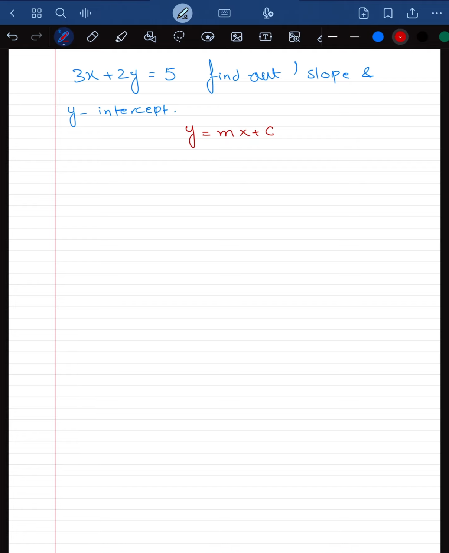So that's quite simple. We write the equation 3x plus 2y is equal to 5. Now shift 3x to the other side: it is positive on this side, so it will become negative. So we have 2y is equal to minus 3x plus 5, right? The 3x becomes negative on the other side.